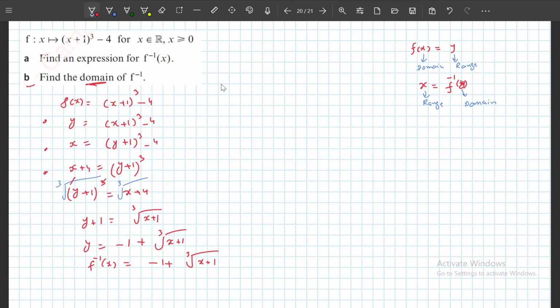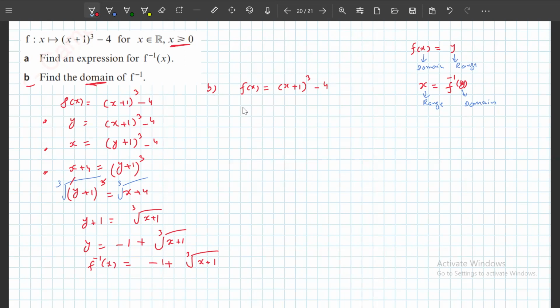For example, I'm doing part B. I have f of x, and it is equal to x plus 1 whole cubed minus 4. So I'm going to check at the value of x greater than or equal to 0. This is the domain of this function. So I'm going to check what the range can be.